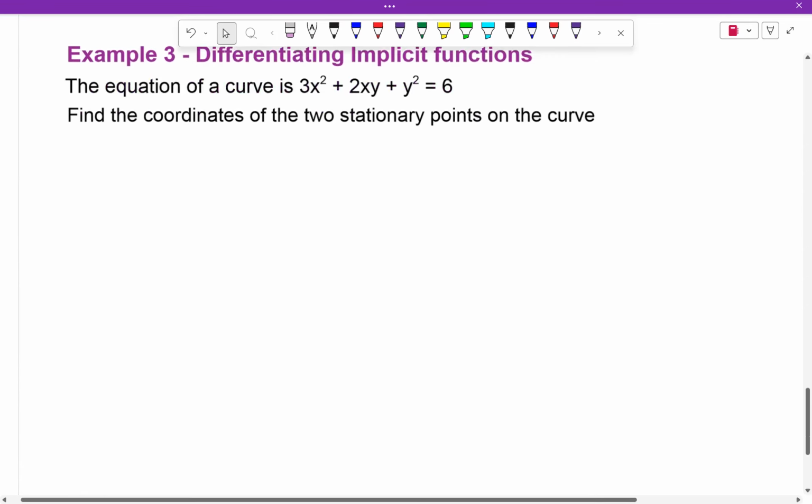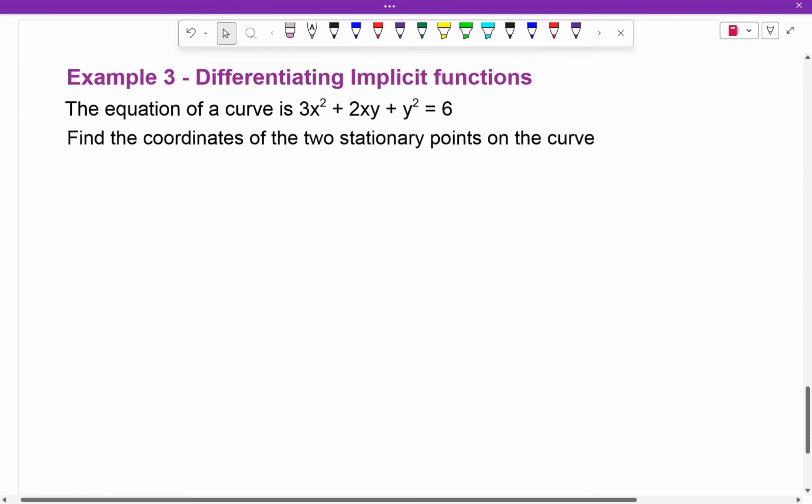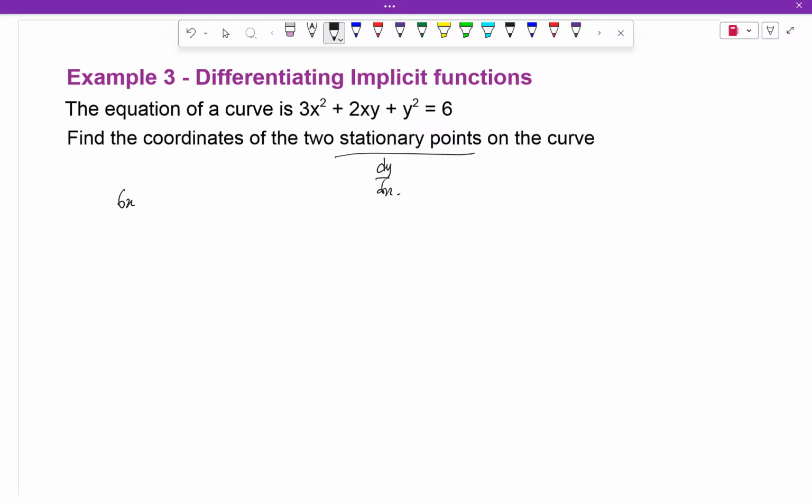Now, the last question. The equation of a curve is given, and we have to find the two stationary points. We know from here it's going to be dy dx. So here it will be 6x, plus the product rule, where 2x is u, u dash equals 2, v equals y, v dash equals dy dx.